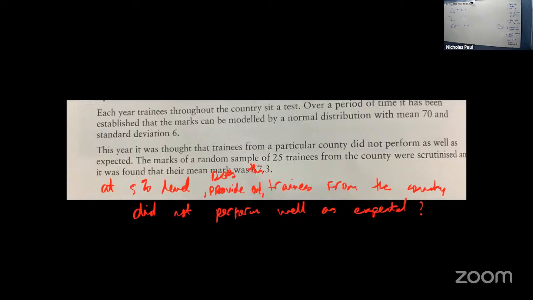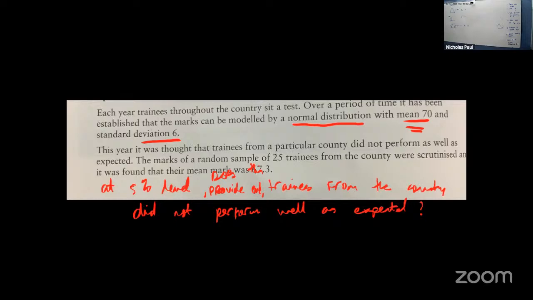Over a period of time, it has been established that the marks can be modeled by a normal distribution, mean 70, standard deviation 6. So the H naught always comes from the population. See, they gave us the population mean there, 70. That's really important, right? This year, it was thought that the trainees from a particular county did not perform as well as expected.